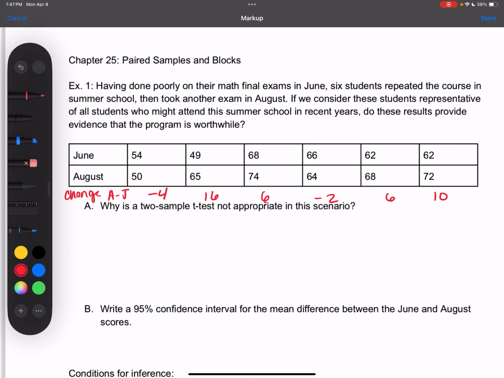But why is a 2-sample t-test not appropriate in this scenario? Because it's not independent. Why? Because it's for the same person. Yep. It's a before and after, so we need to consider them as a pair. So the students are the same ones taking the test in June and in August.